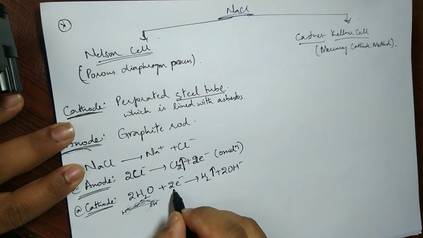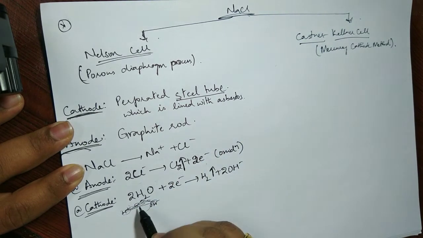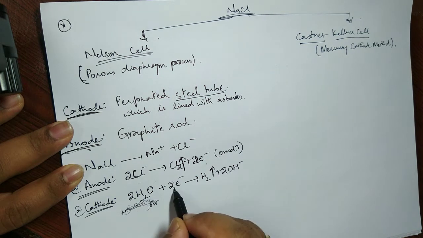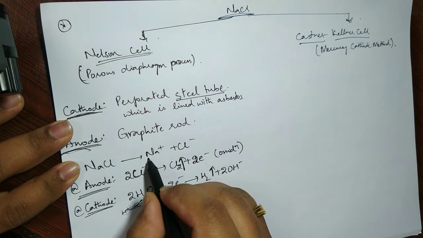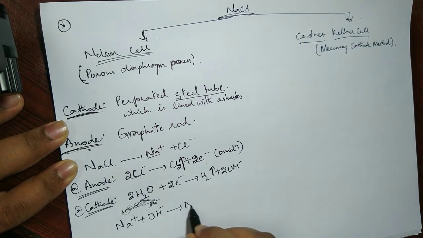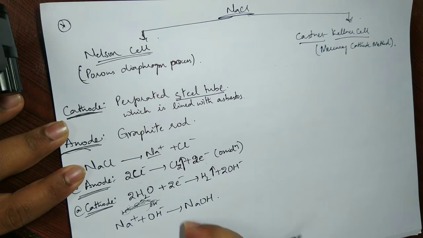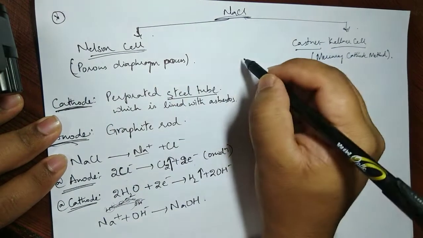So 2H2O plus 2 electrons gives H2 gas and 2 OH-. Do remember this equation. And ultimately we have Na+ as it is and OH-, so Na+ plus OH- gives our NaOH. This is soluble in water, and as usual, heat it and dry it, remove the water molecules, and you get the crystals of NaOH. So this is about the Nelson cell.